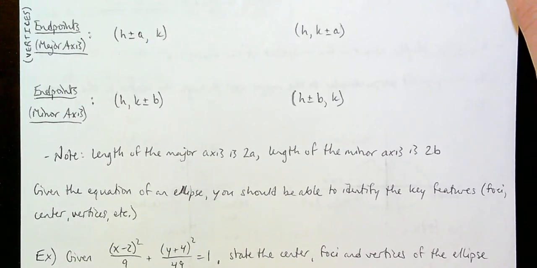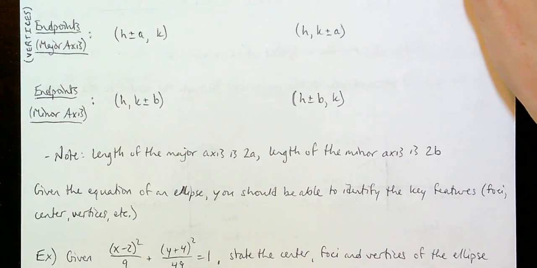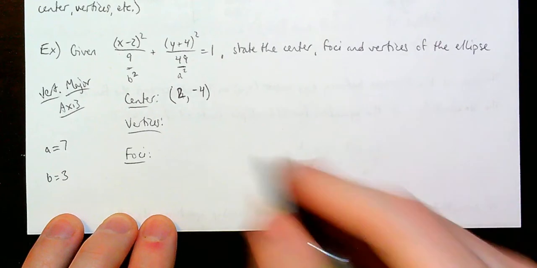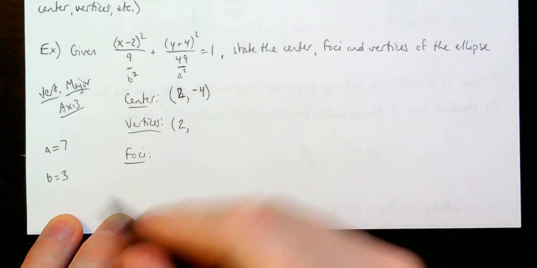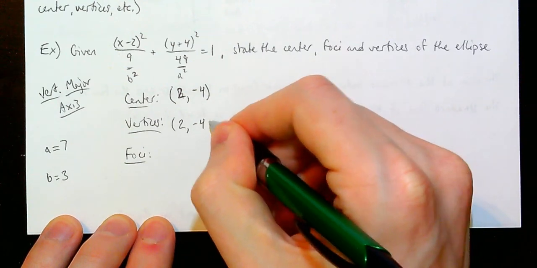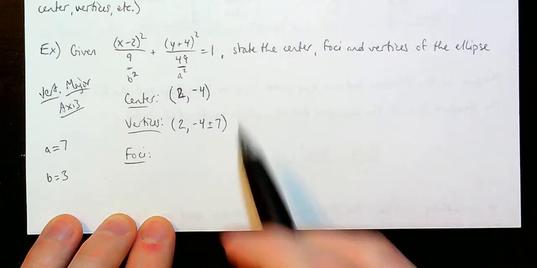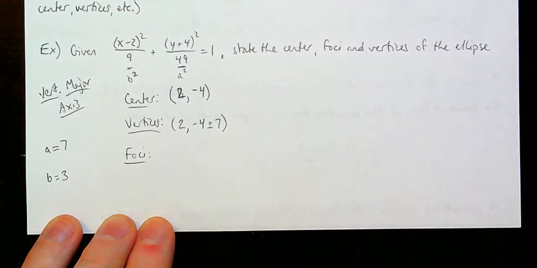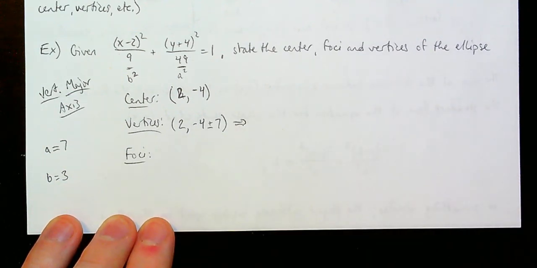Again, a and b are both positive, so we're always using the positive square roots here. But as we just said, the vertices for a vertical major axis occur at h comma k plus or minus a. So the vertices, h remains the same, 2. It's then k plus or minus 7. K value of -4 plus or minus my a value. This will give us 2 separate ordered pairs.